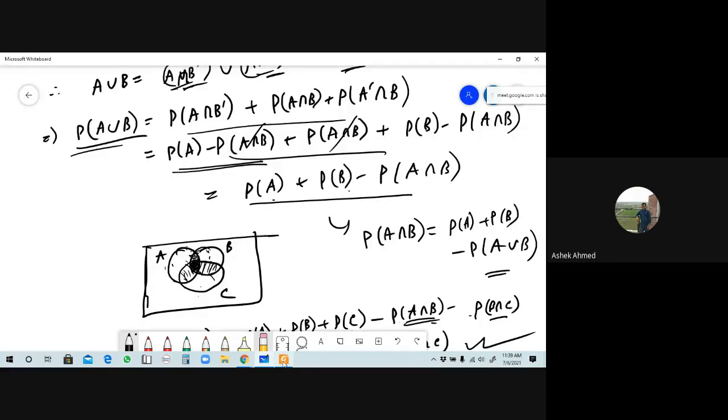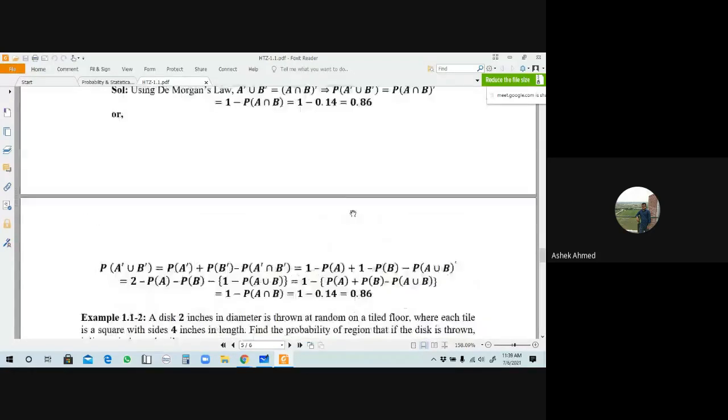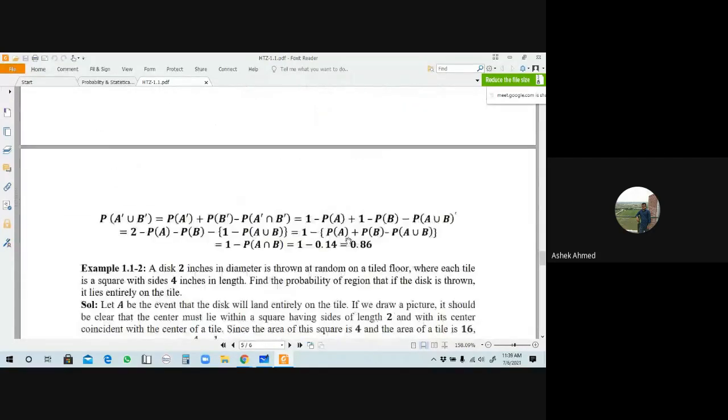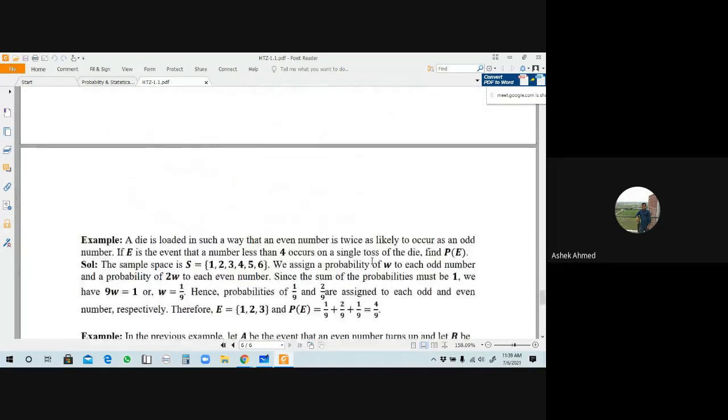Okay, that is used here. It is of use for us. This result and this result are the same. But it depends on you which technique you will use.